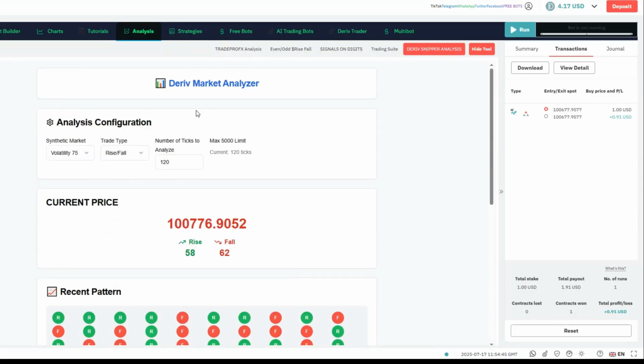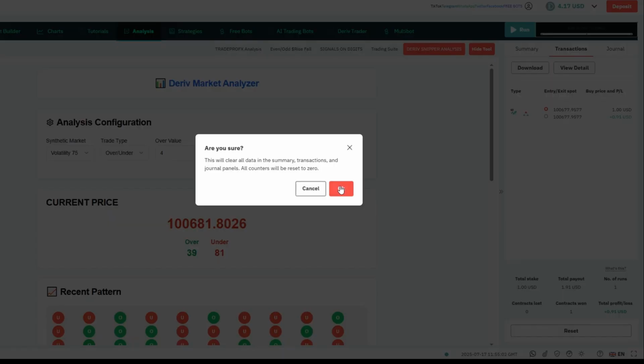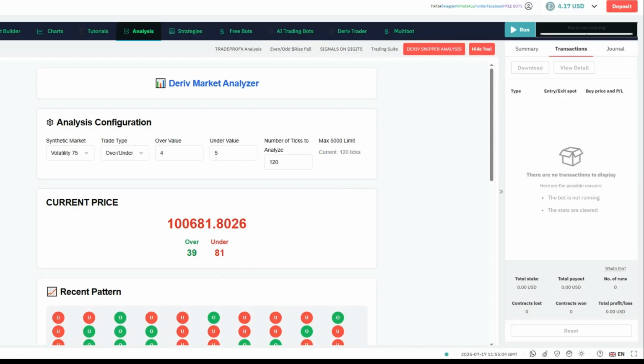Then I want to talk specifically about over under, and this is for most people who don't like risking that much. You can see the stake, I mean the capital, I want us to use there is only for USD. So I want to talk to people who normally have such kind of capital.